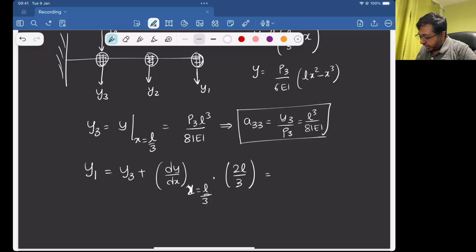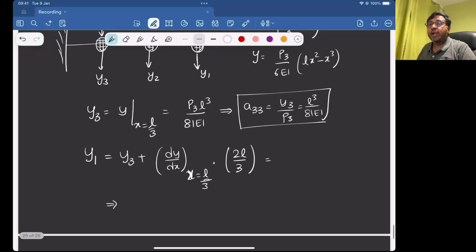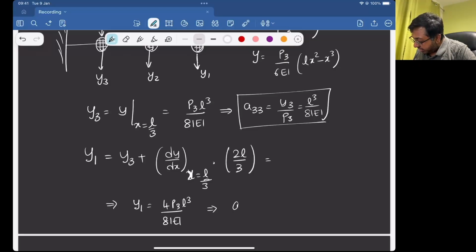I'm going to leave it to you to rewrite this just like how we did previously. You can substitute to get the same thing. That means I get my y1 equal to 4P3L cube over 81 EI. If I substitute and simplify, my flexibility coefficient A13 is 4L cube over 81 EI.